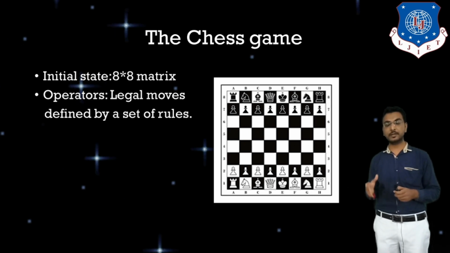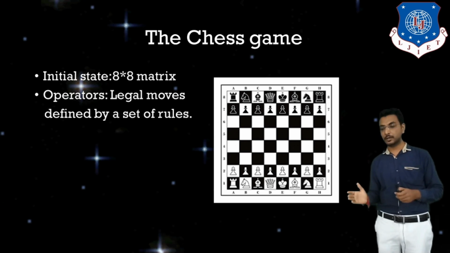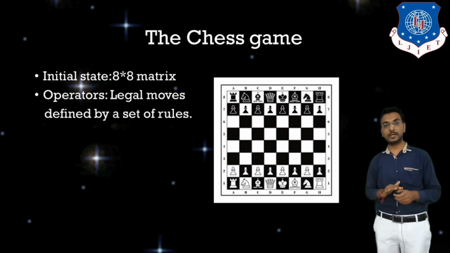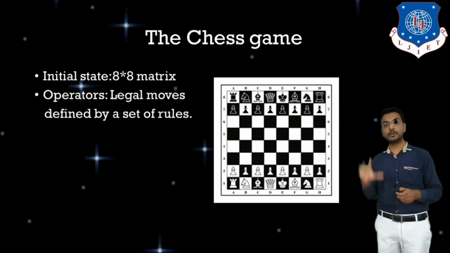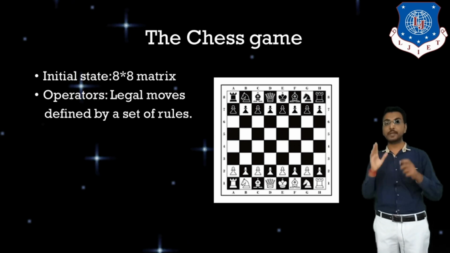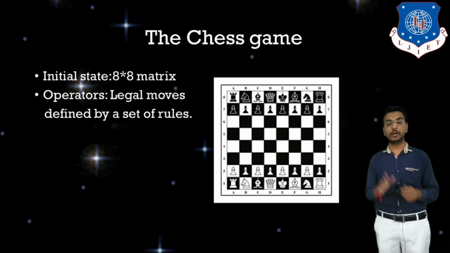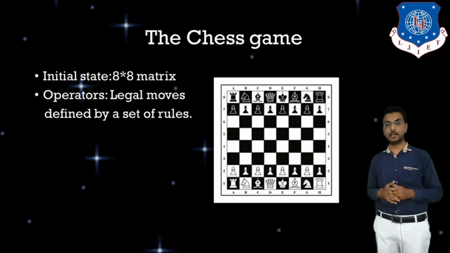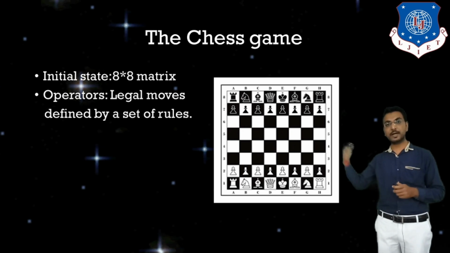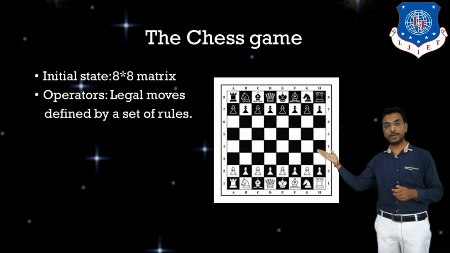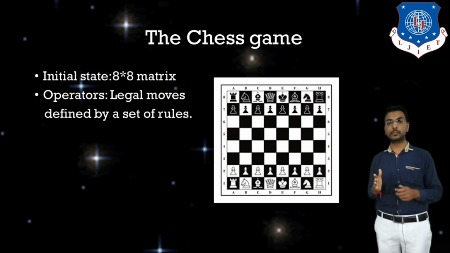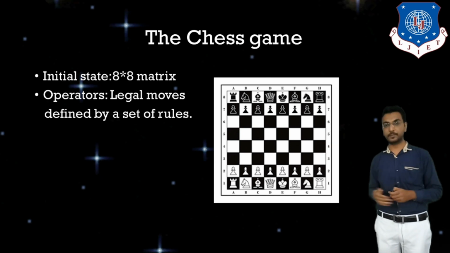For example, we know that a pawn can be moved in this direction only. We know that an elephant can move in a vertical or horizontal manner only. We know that a horse can move in 2.5 steps only. That is a rule, or we can say knowledge, that one must have to play the game well. These are the rules, or operators, which one must know to play the game properly.